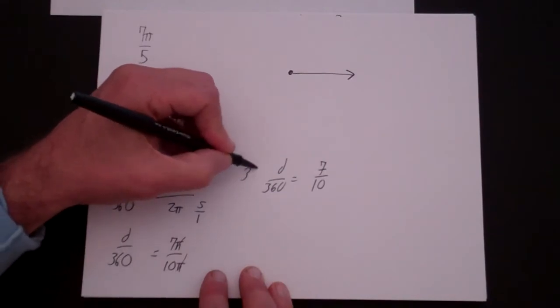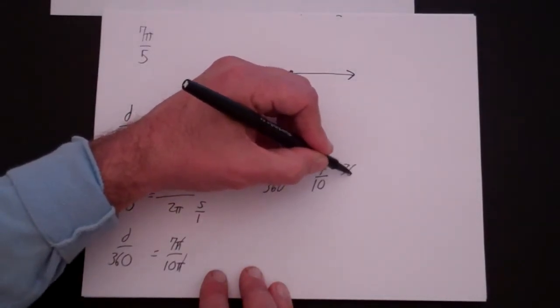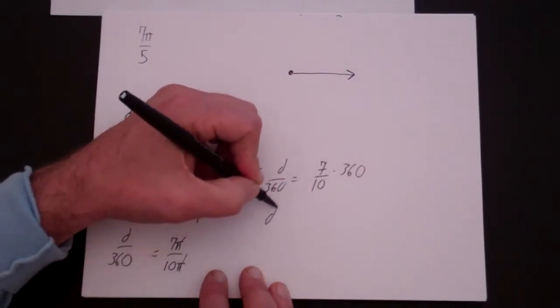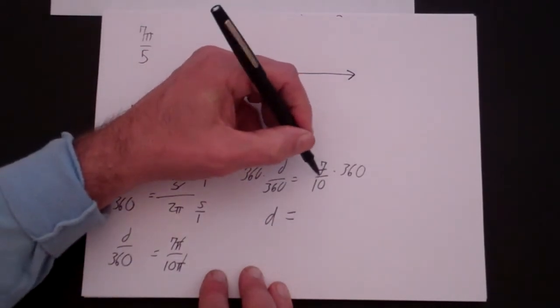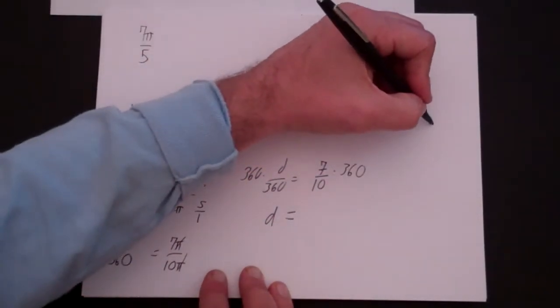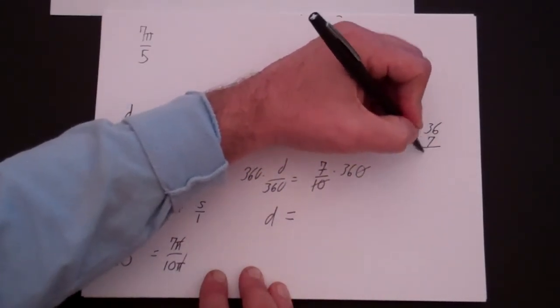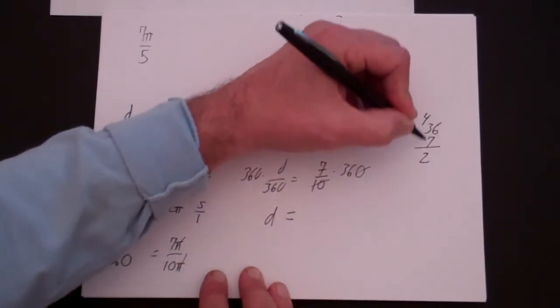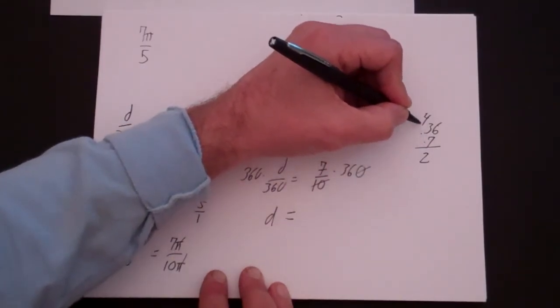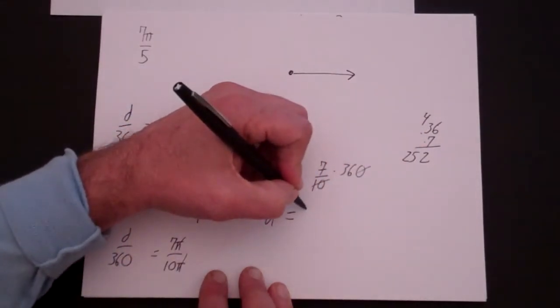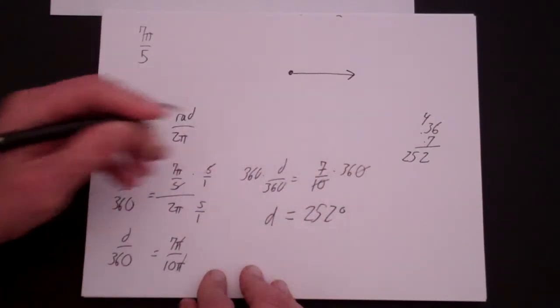I multiply this by 360 and this by 360, and I can just do that on my calculator. The zeros cancel. I get 7 times 36, which is 252. And you're welcome to just use your calculator for that.